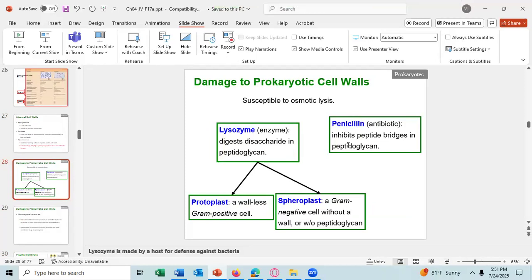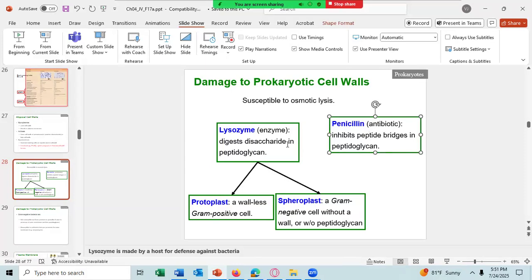So penicillin can damage the cell wall, preventing the peptide bridges from forming in the cell wall, and that'll make a gap in the cell wall, and then the cell membrane can protrude out of that gap. And then if water moves into the cell, that cell membrane will just protrude out of that gap in the cell wall further until the water eventually will pop the cell membrane.